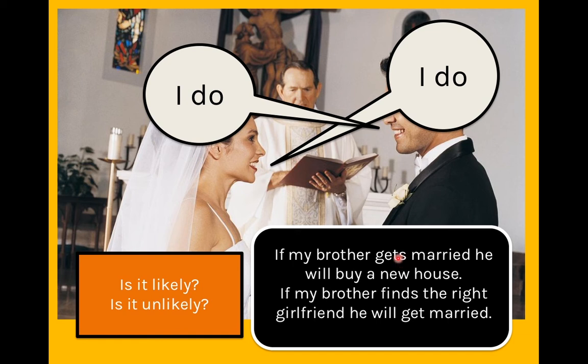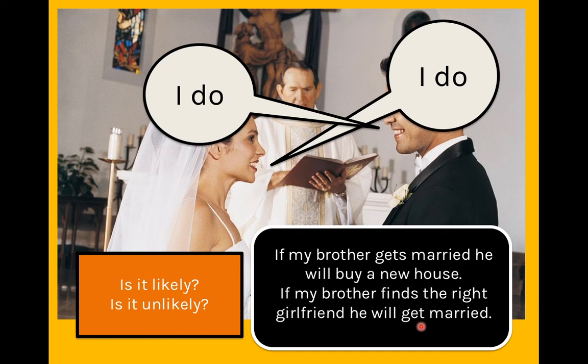We write the condition, finds, in the simple present, and the result is expressed in future with will. The second clause, the clause of the result, has will and the infinitive of the verb.